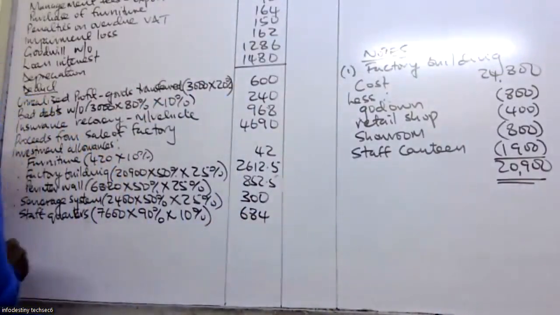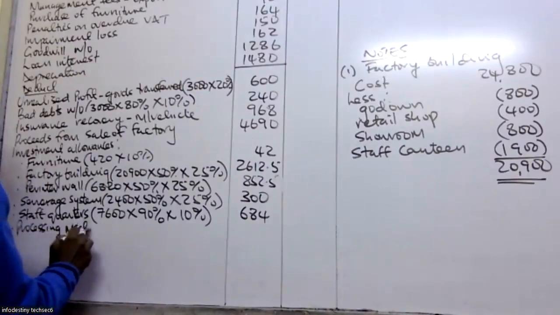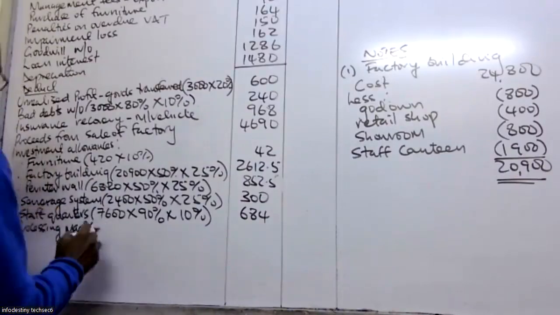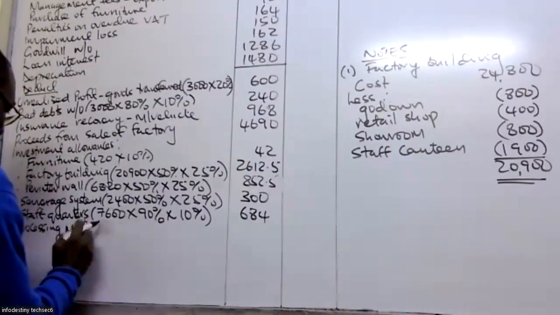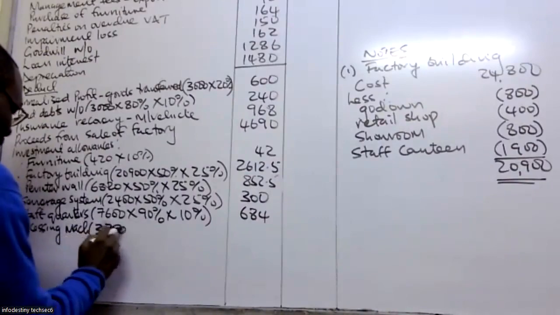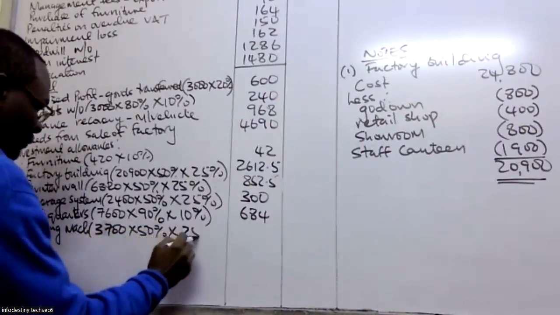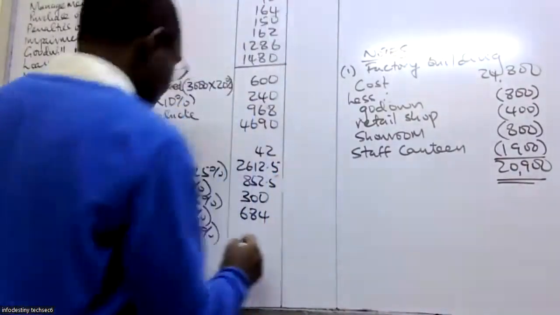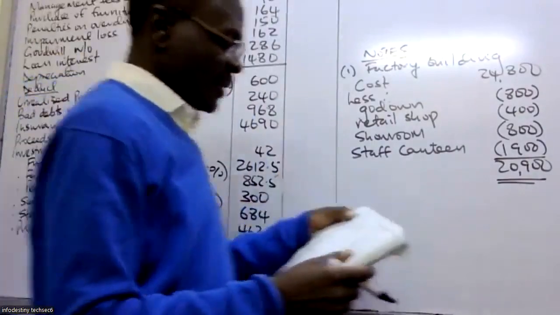Then you have processing machinery. Again, machinery investment allowance is 50%. So out of 3,700, the residual is 50% after last year, then you get 25% of the residual. 462.5.